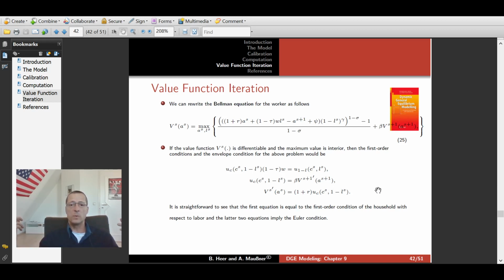And now we can apply the so-called envelope condition. So this value function is, of course, the maximum value of the lifetime utility for given state variable AS. So if we maximize the value function with respect to the controls, the left-hand side, the envelope theorem tells us, the envelope condition, that it's equal to the derivative of the right-hand side with respect to AS.